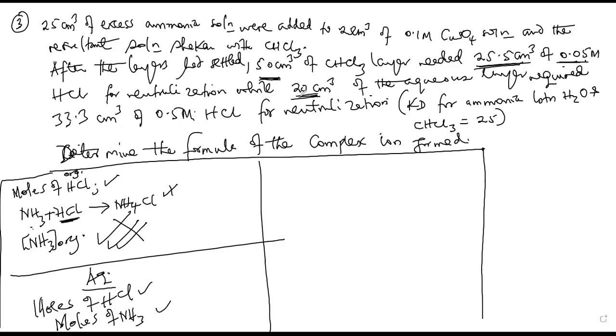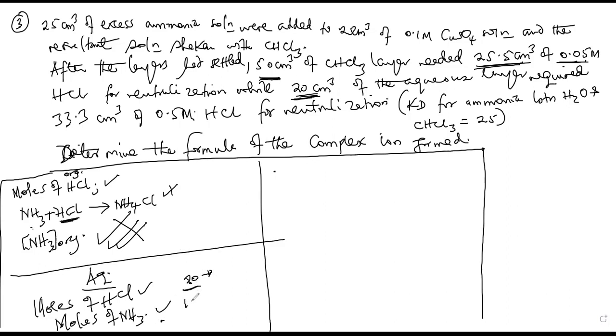The aqueous layer has 20. So we'll be saying that 20 cubic centimeters of the aqueous layer will be containing the moles you've gotten here, moles of ammonia. Because when you have aqueous and the organic layer, ammonia has distributed itself between the two. So you've gotten the concentration of ammonia in organic, now you're looking for concentration of ammonia in aqueous. So 20 cubic centimeters of aqueous layer will be containing the moles of ammonia you've gotten here under aqueous.